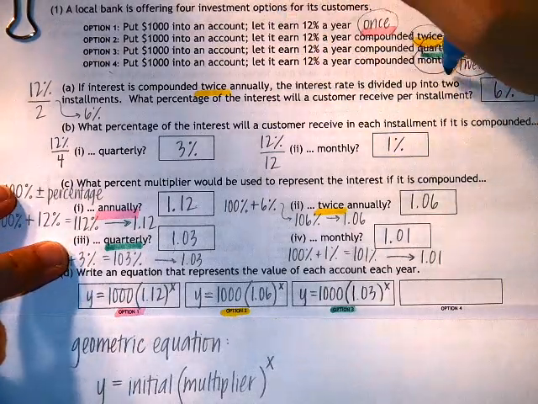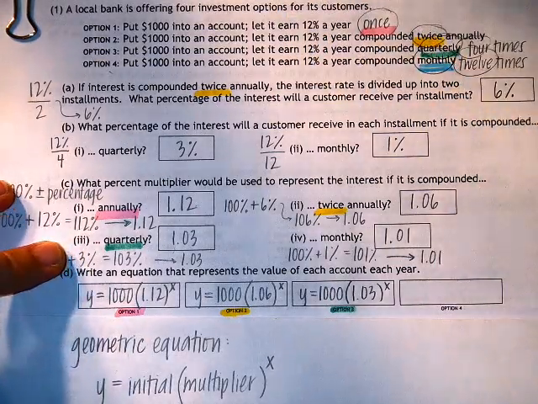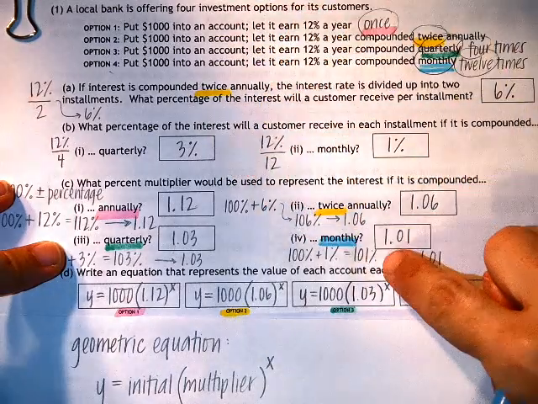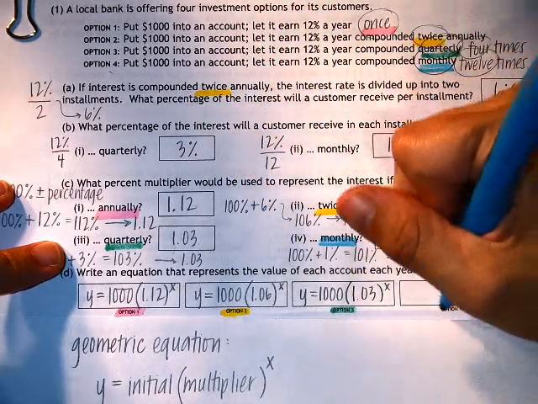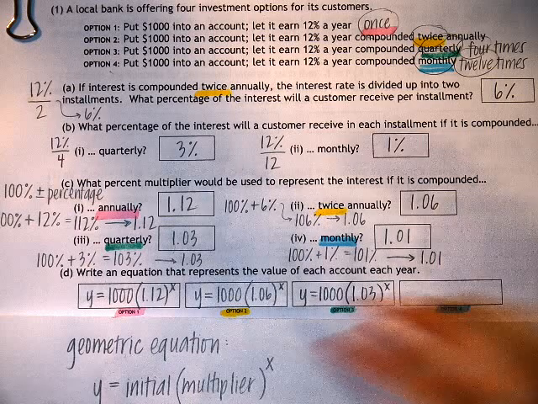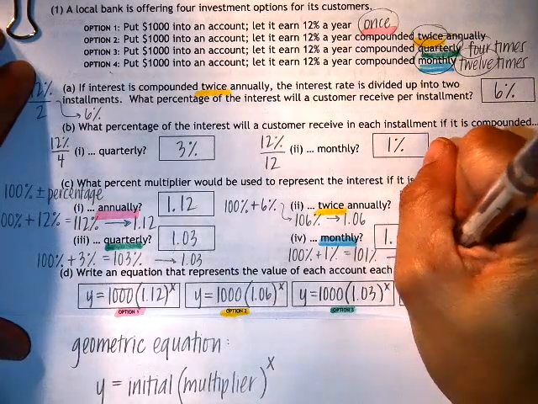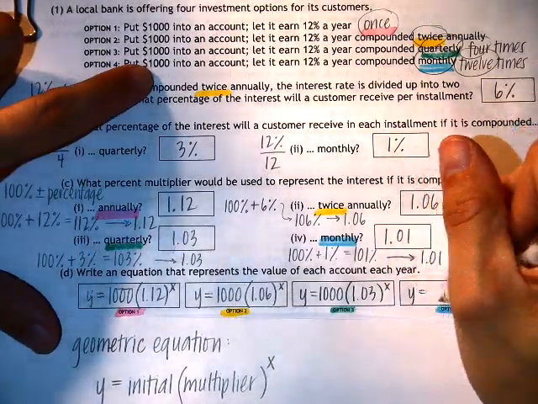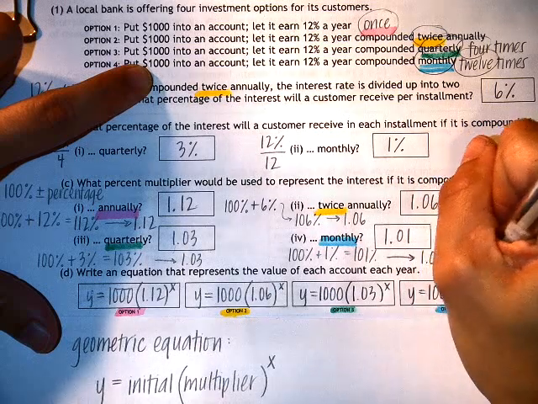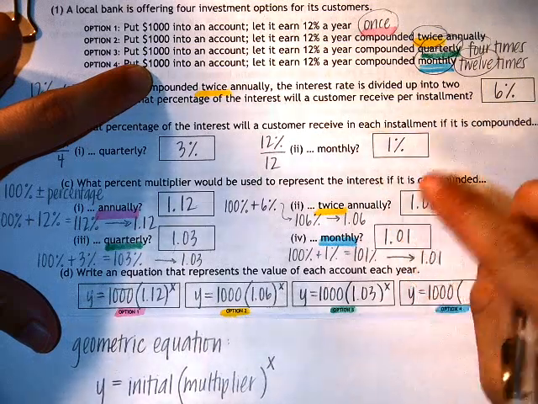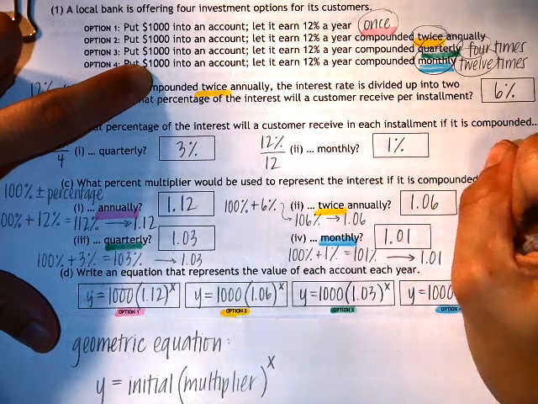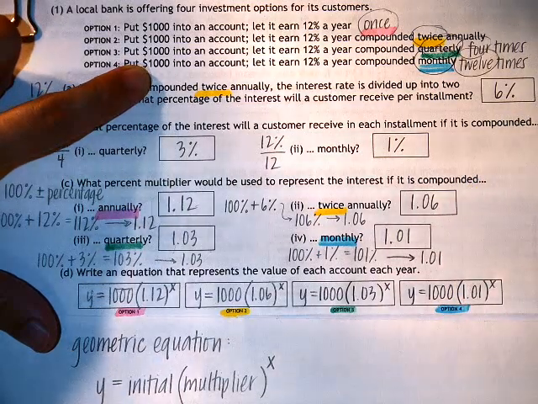Option 4 was the one that was compounded monthly. Monthly was the one that we did in part 4 here. So keeping it all straight, I have y equals, its initial value is still 1,000, times the monthly multiplier, 1.01, to the power of x.